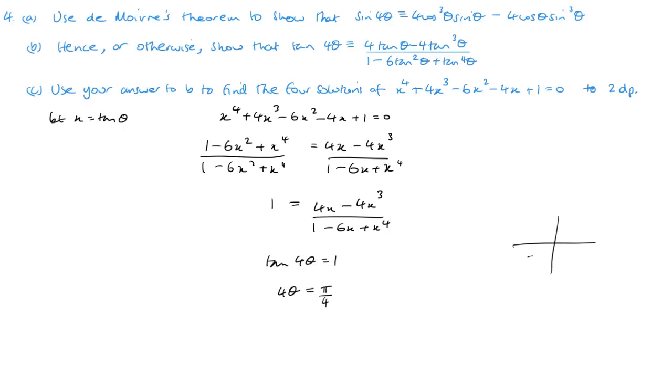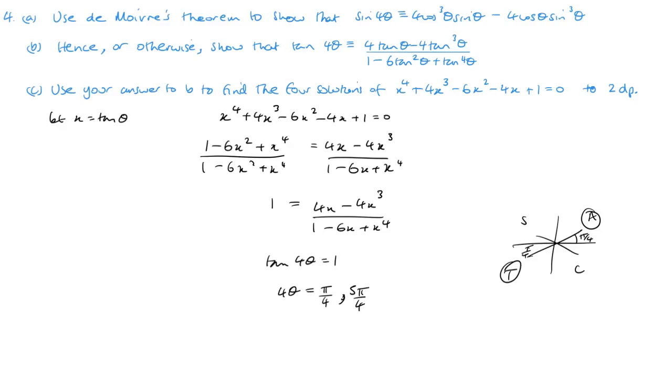And if I think of my CAST rule, that's pi by 4, that's pi by 4 for where tan is positive. So 4 theta is going to be pi by 4, plus pi will give me 5 pi by 4.